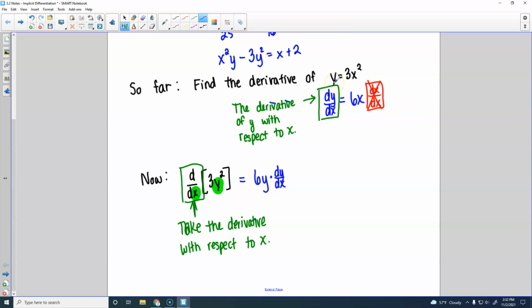What's the derivative of just y? It would be 1, right? But then you have to multiply it by the derivative of y with respect to x, which is dy dx. So 1 times dy dx is dy dx. It normally does not matter, but if we have something else with the y, then we'll have to do this. So this is not overly complicated.